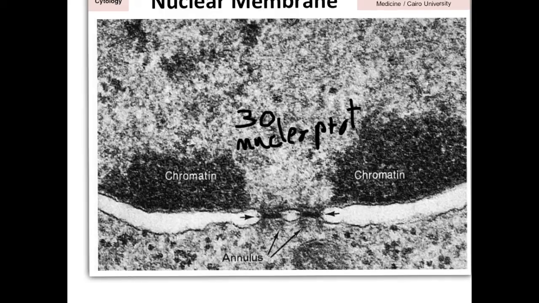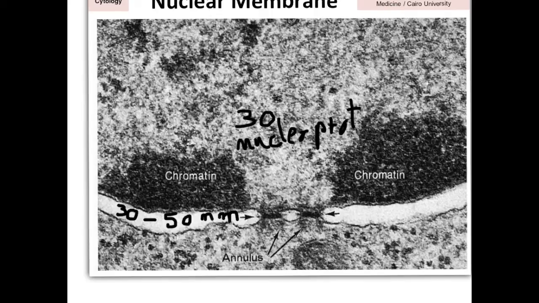Also, I want to add that this space between the outer and the inner is called perinuclear space. It is from 30 to 50 nanometer. So again, I will revise the different dimensions.